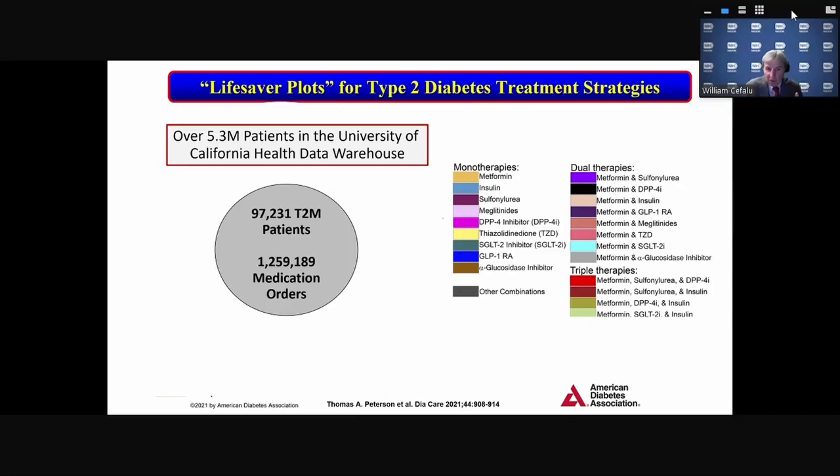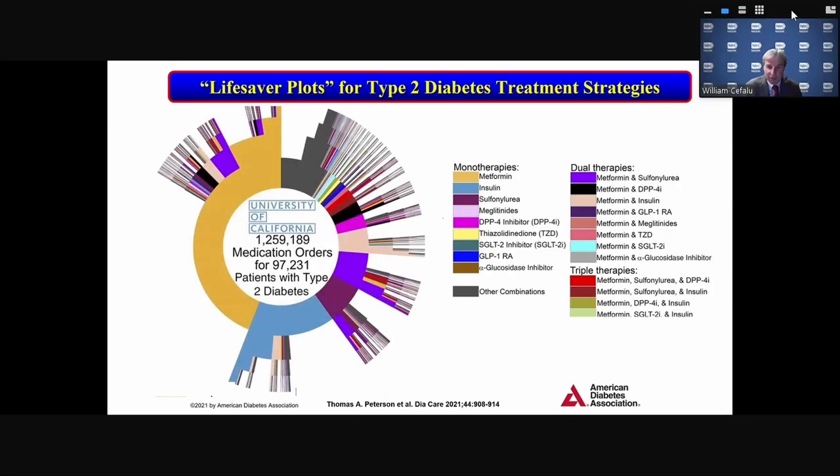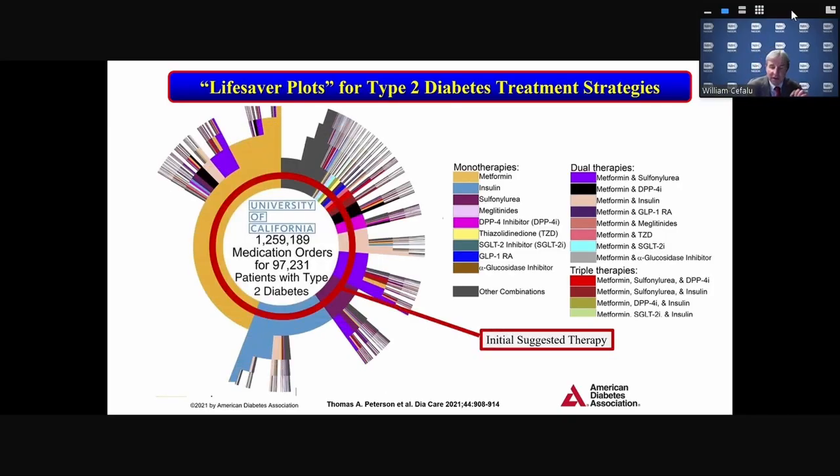They used lifesaver plots. Let me take, for example, this first level. As you can see in this first circle, the color indicates the monotherapy used by the physician. If it's a different color, it was a different initial therapy.